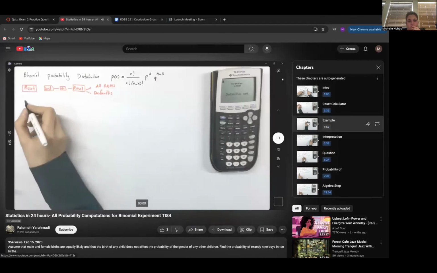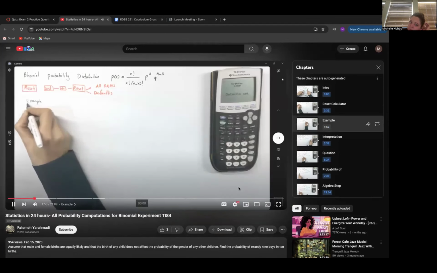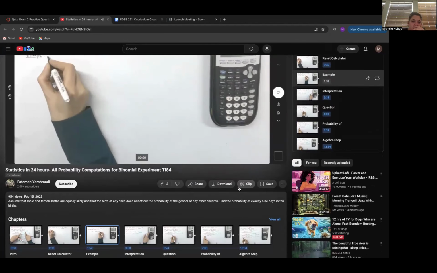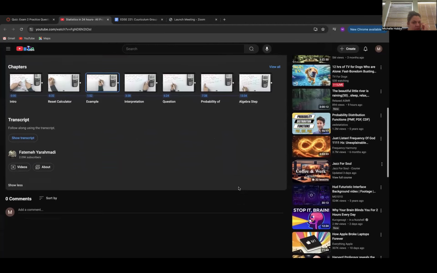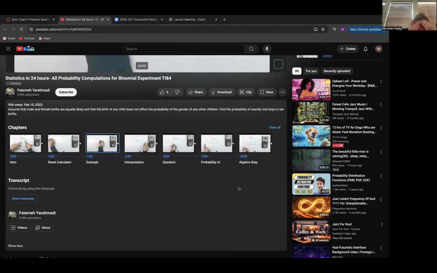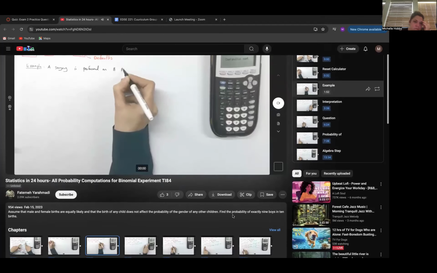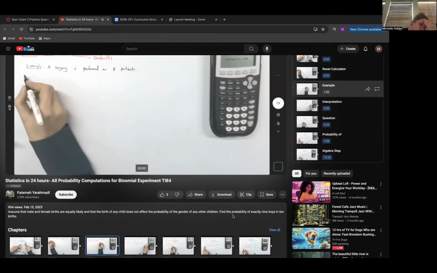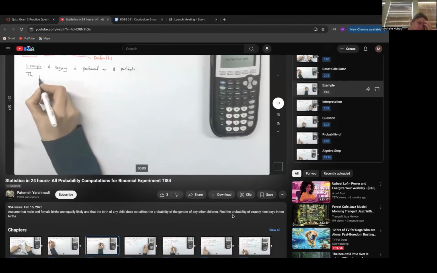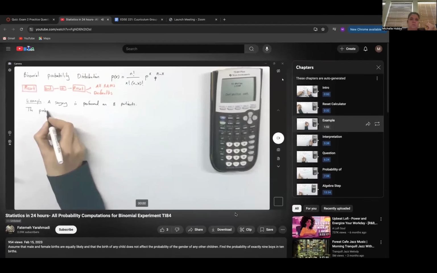We have an example here. The example says a particular surgery is performed on 8 patients. The probability of success is 90%.